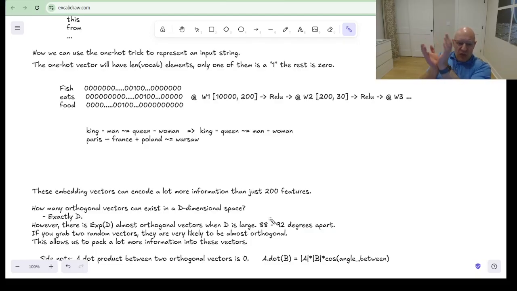And that means that I can compress more features into smaller dimensions. And that's why our models can store a lot of information about words when we use embedding tables.